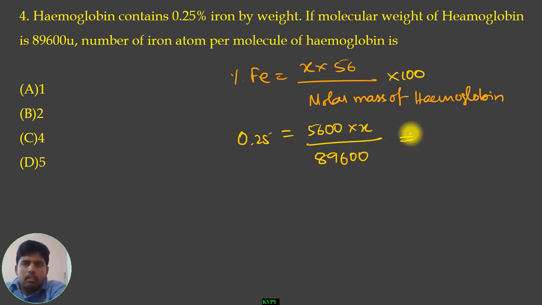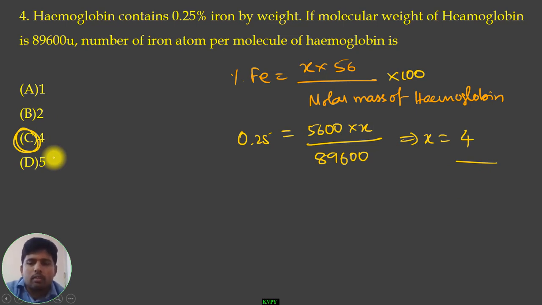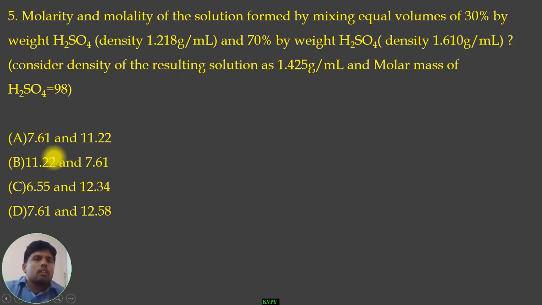So X equals 4. Approximately we get the same answer. In fact, it's exactly 4. So that is the answer, 4 atoms will be there. Option C will be the answer. Let us move on to the next question.